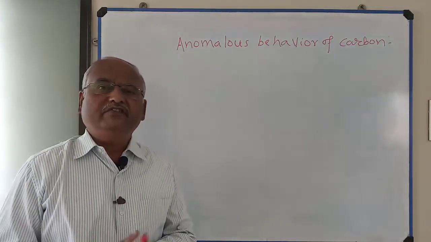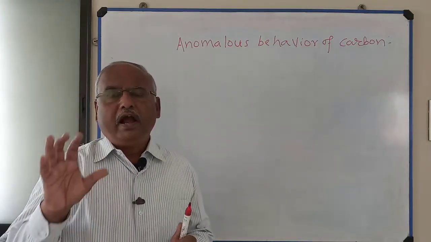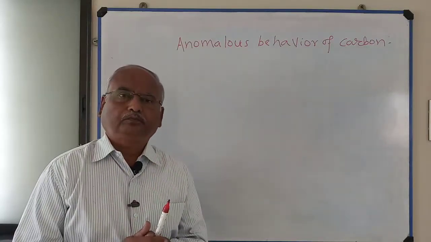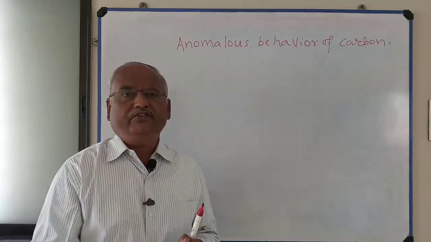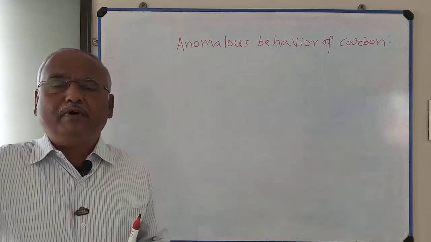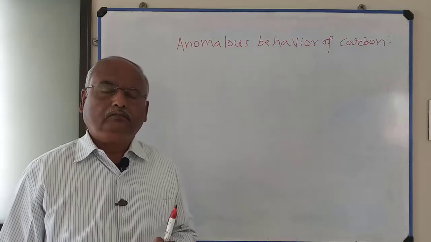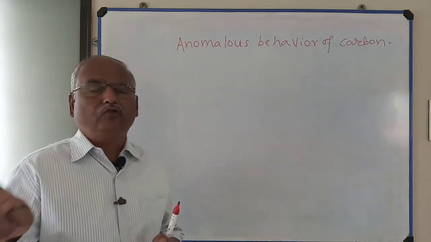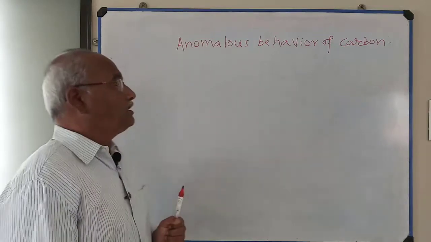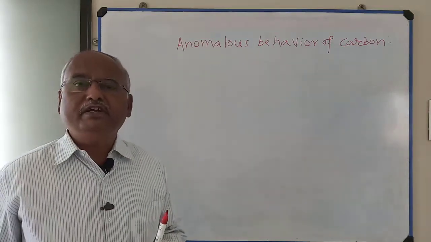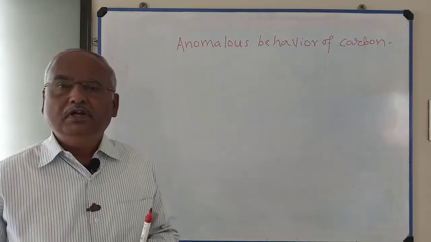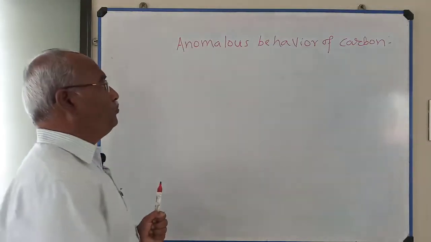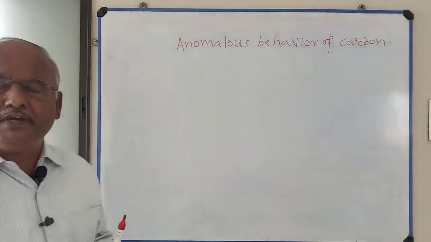The reason is that atomic size of carbon is small. Ionization enthalpy of carbon is high. Its electronegativity is also high, and carbon does not contain d orbital. Due to these reasons, carbon shows anomalous behavior.